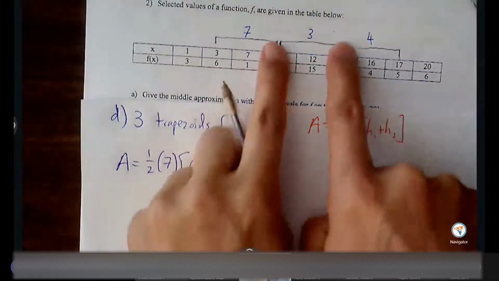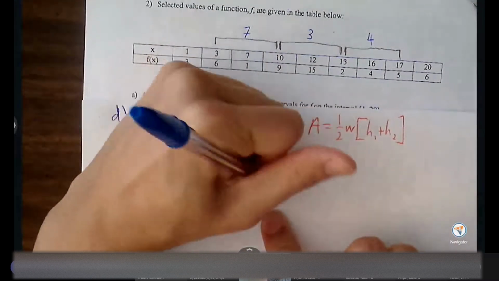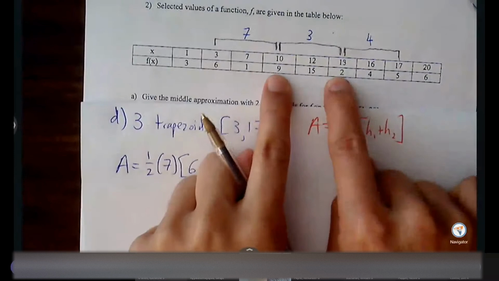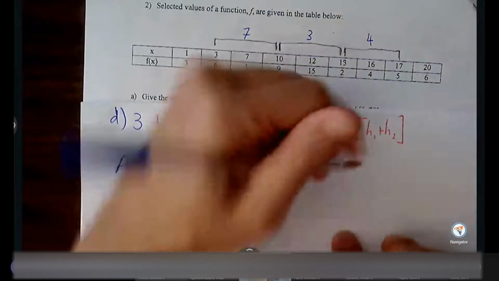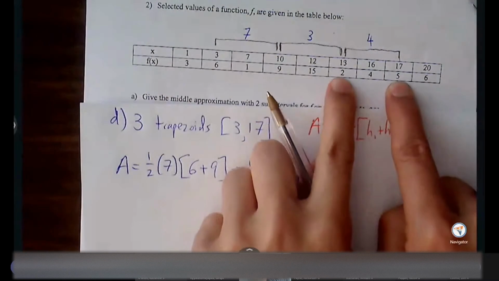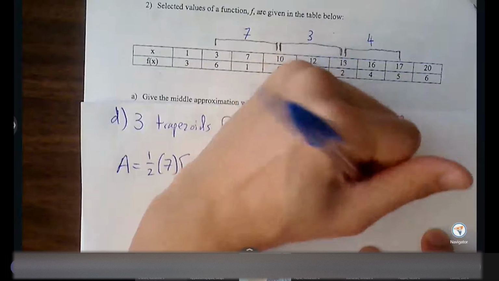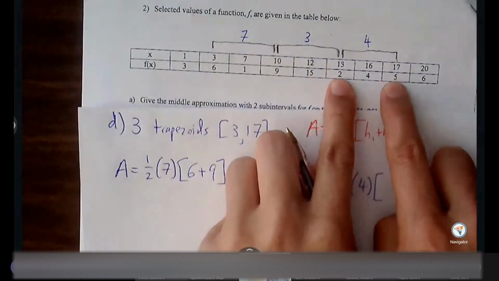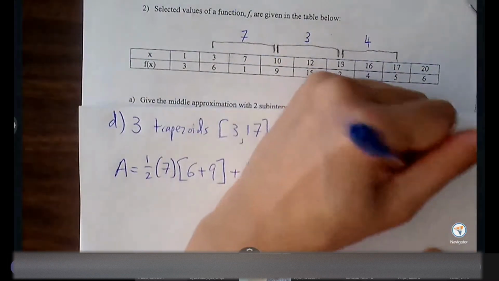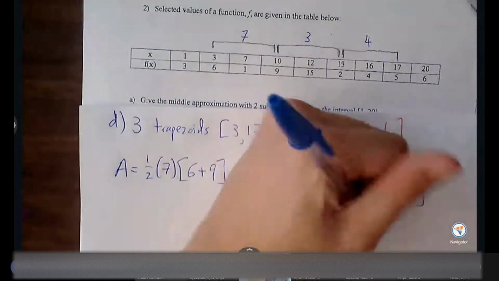I'm going to go to my second trapezoid, width of 3, and then 9 plus 2. And then width of 4, 2 plus 5. Clean all that up, multiply that out, and we get 83.